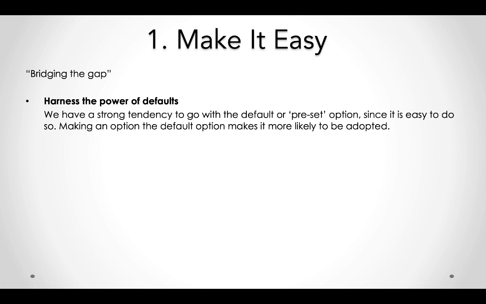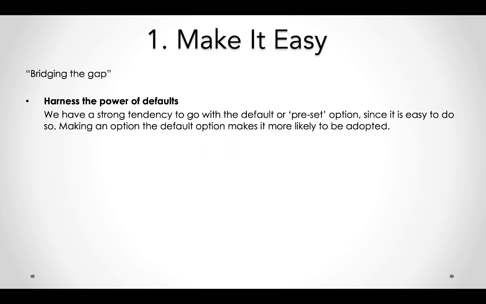The first way of making it easy is to harness the power of defaults. We have a strong tendency to go with the default or preset option, since it is easy to do so. Making an option the default makes it more likely to be adopted. What does it mean? Default is the outcome that occurs if we do not choose otherwise.